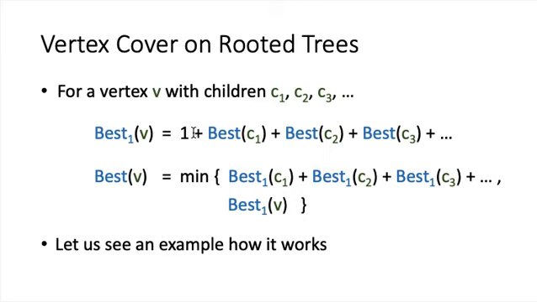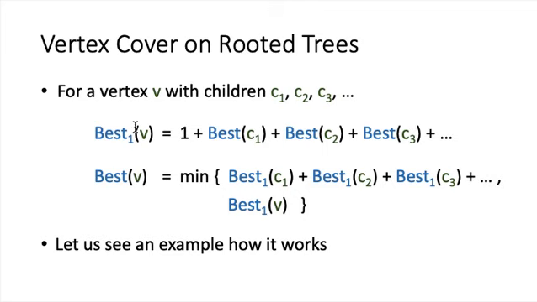So what we just need to care about is how the edges in the subtree rooted at C1 are covered, how the edges in the subtree rooted at C2 are covered, and so on. This will be easily done because we know that this value is already computed. It is the best way to cover all the edges in the subtree rooted at C1, which is best of C1, and then best of C2, and so on.